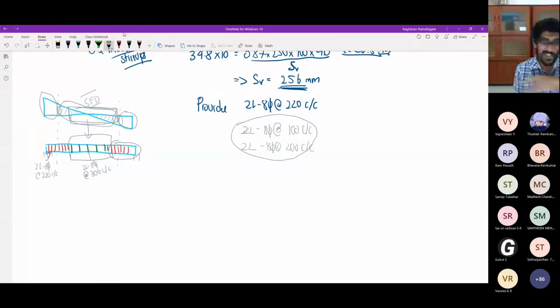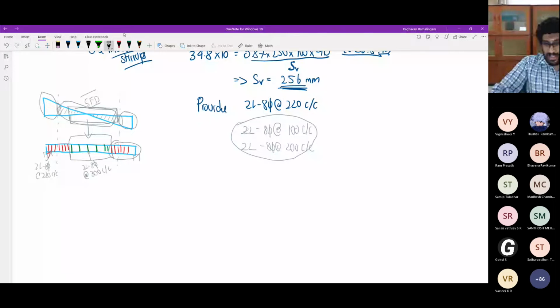From the beginning or end to about L/5, they will give the support calculated reinforcement, and in the part between them, they will double the spacing of the stirrups, or make it whatever spacing more. Usually, they will double it. These are practical things they do when they actually do a shear design.